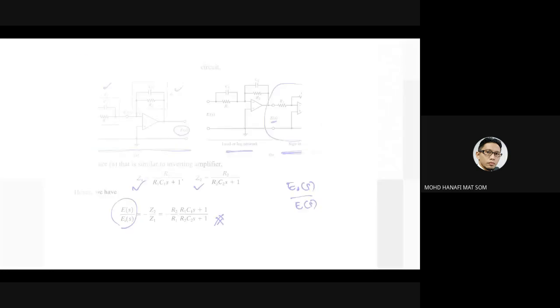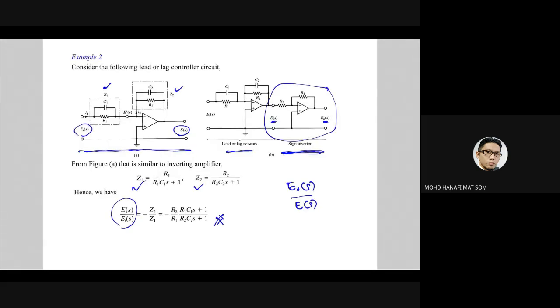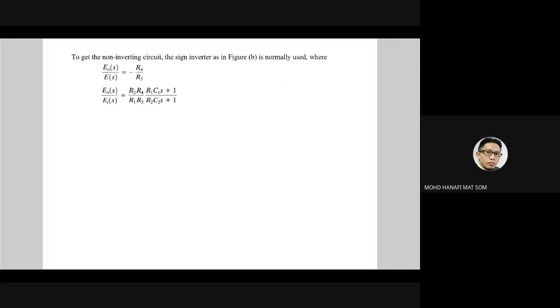E naught over E is actually negative R4 over R3. So you can put in E naught into the equation, and you will get something like this. Again, go back and try this example at home.